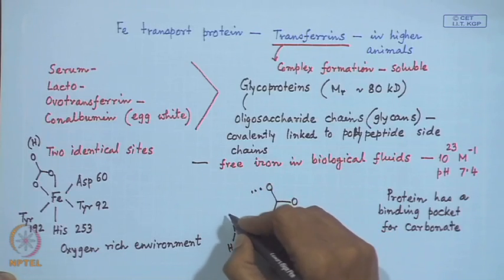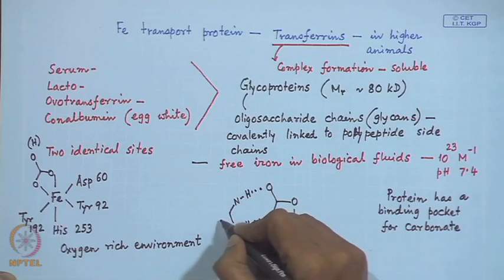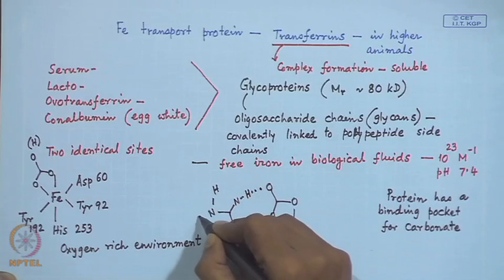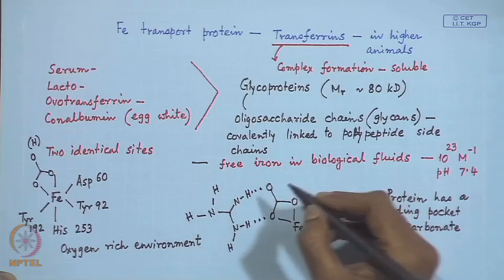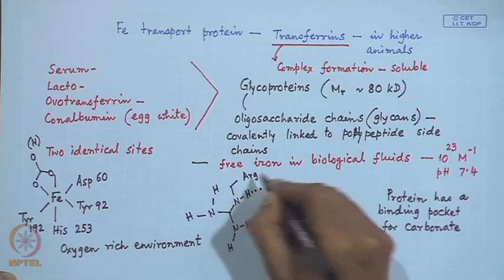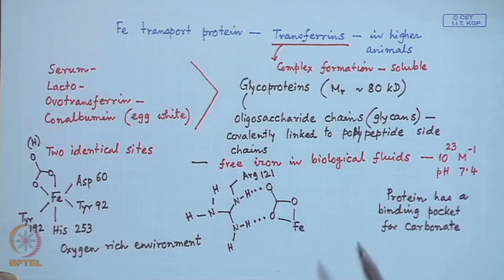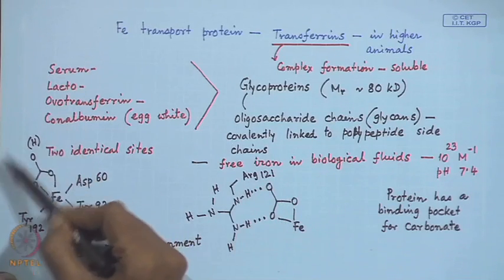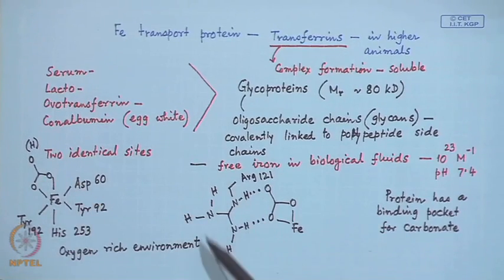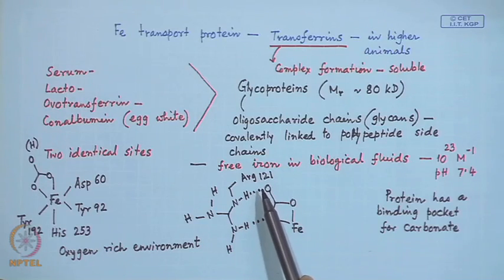which is arginine, ARG 121. So, we have arginine 120. On this side of the envelope of the transferrin molecule, we have another arginine residue, and that arginine residue number you can also find out is 121.